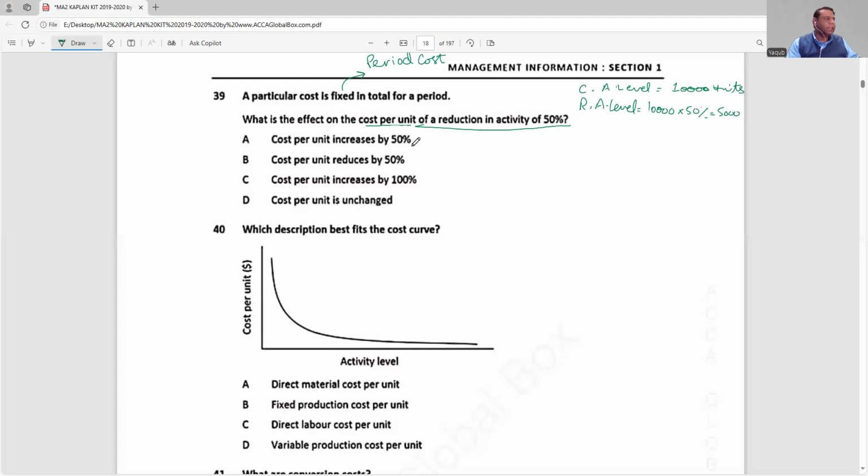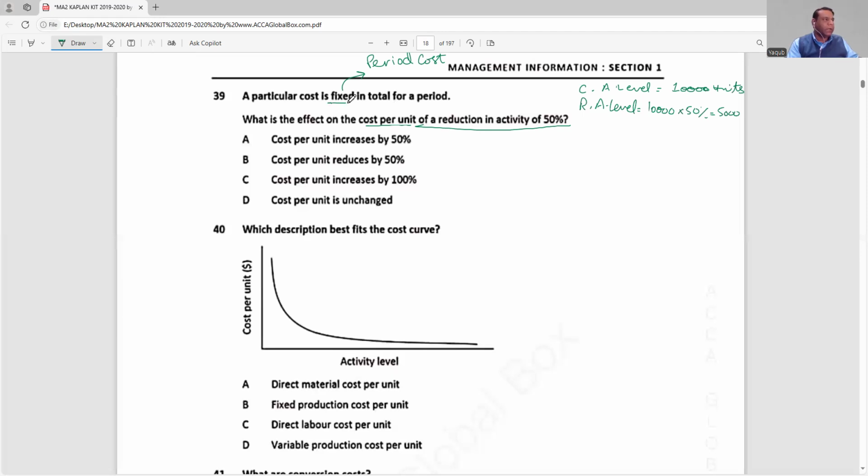Cost per unit increased by 50%, cost per unit reduced by 50%, cost per unit increases by 100%, cost per unit will remain unchanged. Most students who do not understand this question properly, or do not assume any data, will immediately pick option B: that the activity is falling by 50% and the cost will also fall by 50%.